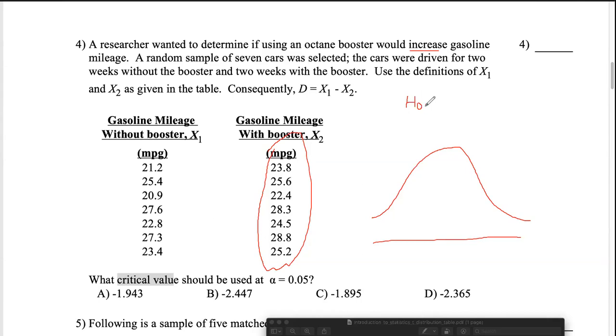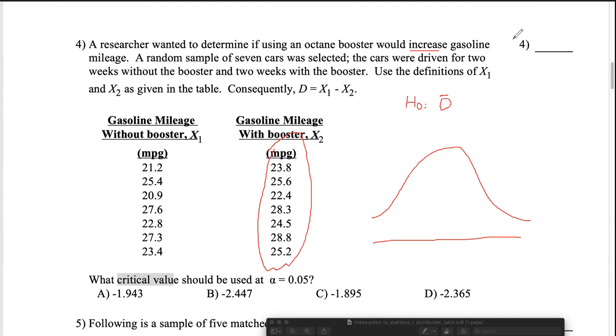So they are going to see the mu1 minus mu2, which is the difference. We are using that notation D bar. Let me erase that. I don't want to get confused here. So that's the D bar. Is it going to be bigger than 0 or less than 0?